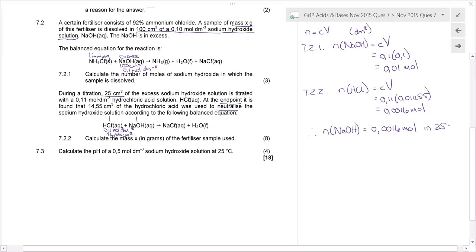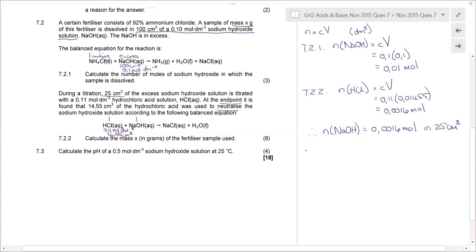In 25 centimeters cubed, because they said during a titration, 25 centimeters cubed of the excess sodium hydroxide solution. But remember, we started off with 100 centimeters cubed of sodium hydroxide.